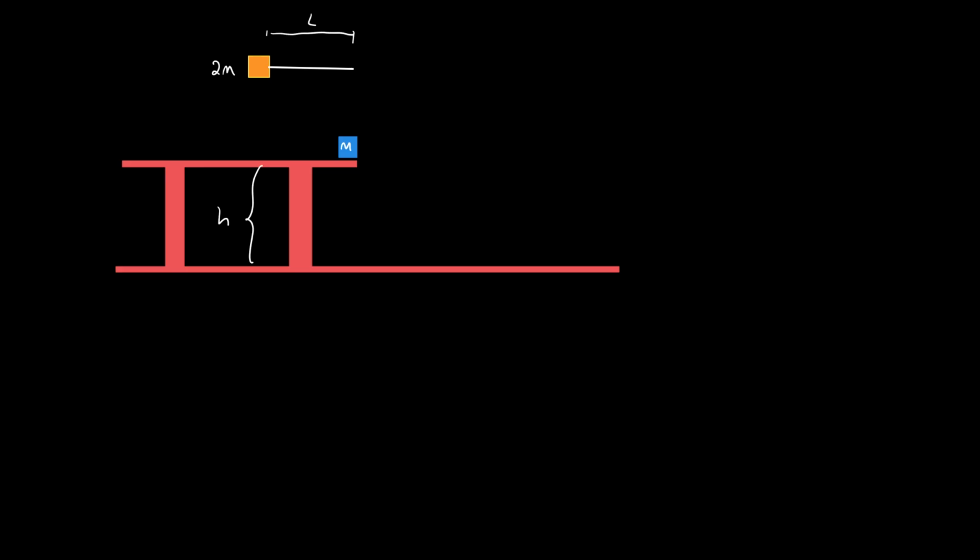So right now, in its current state, the gravitational potential energy of the block is going to be 2mgL, right? Mass of the block, g, and how high it is above the reference level. Any question about that? All right. Well, it swings downwards until it's right there, and now it's got some velocity.